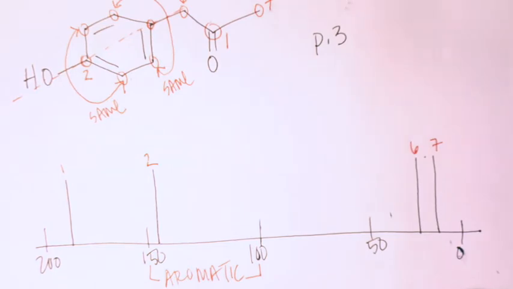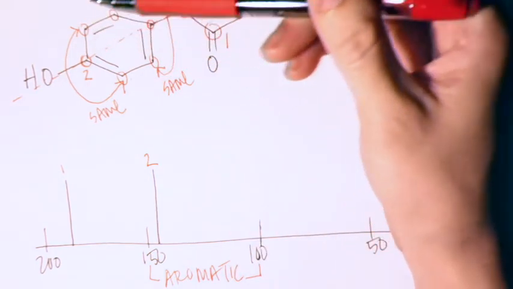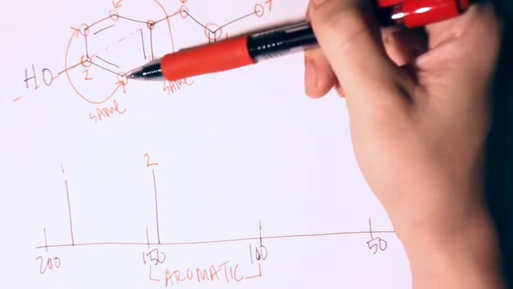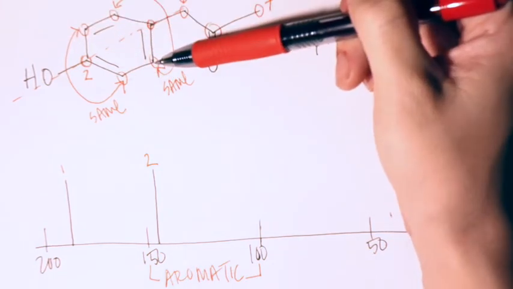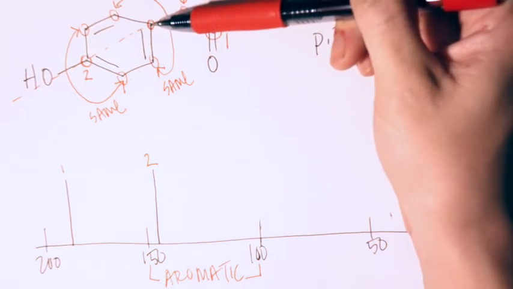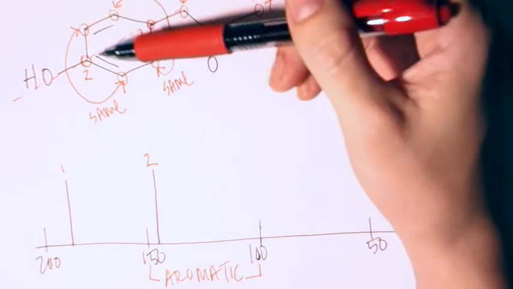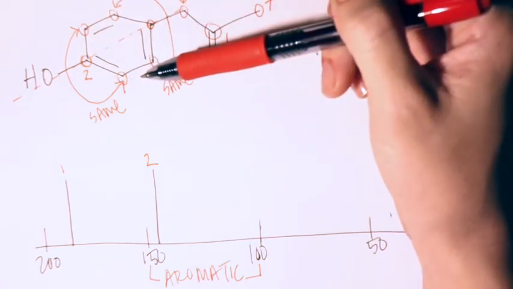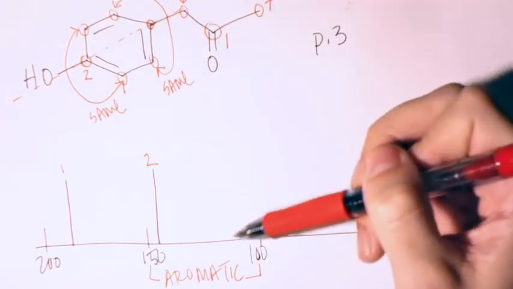Okay, and then the other ones, it would be really hard to rank these. So we'd expect 3 more peaks: 1 peak for this set of carbons, 1 peak for this set of carbons, and 1 peak for this carbon. In terms of predicting them, it would be really hard to predict exactly where they are relative to each other, but we'd expect them to be somewhere in this region.